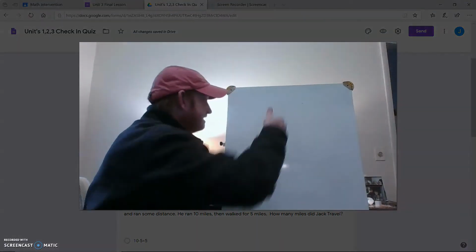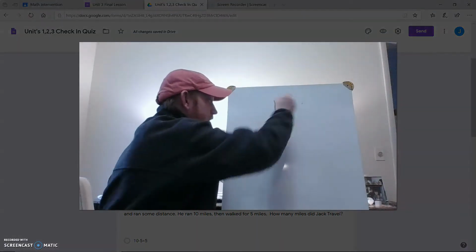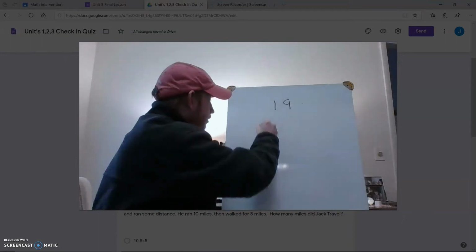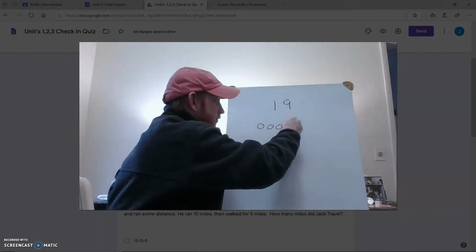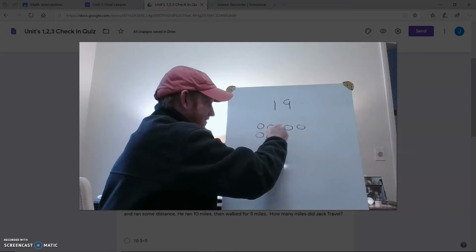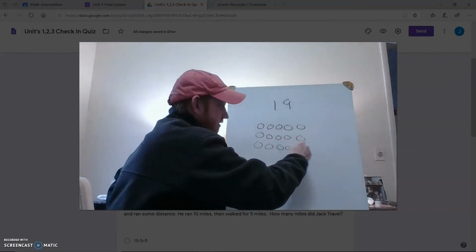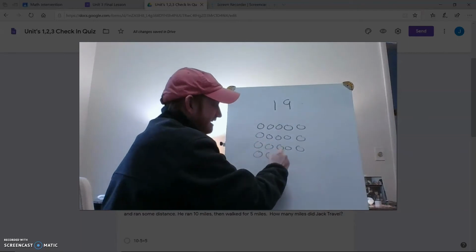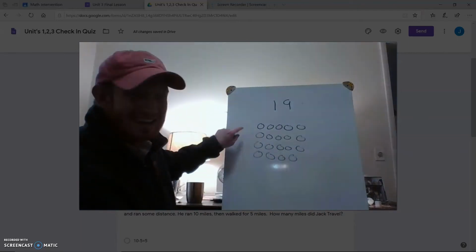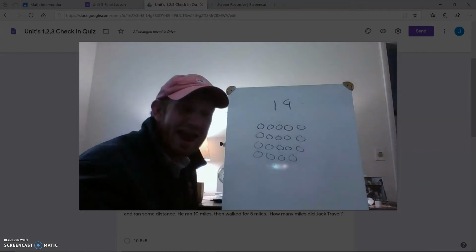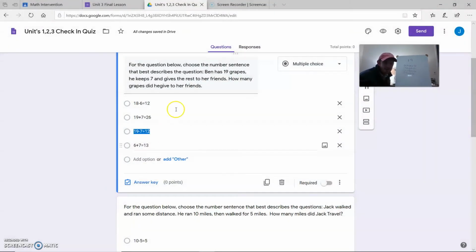So he had 19 grapes, and I'm going to draw that. 1, 2, 3, 4, 5, 6, 7, 8, 9, 10, 11, 12, 13, 14, 15, 16, 17, 18, 19. He had 19 grapes. And then he kept 7 and gave the rest to his friends.